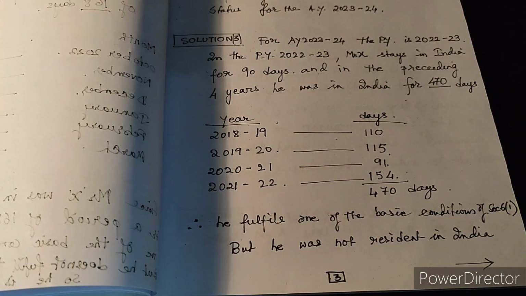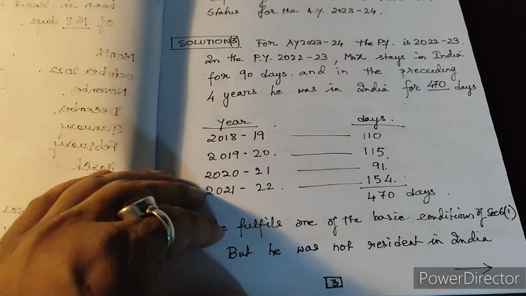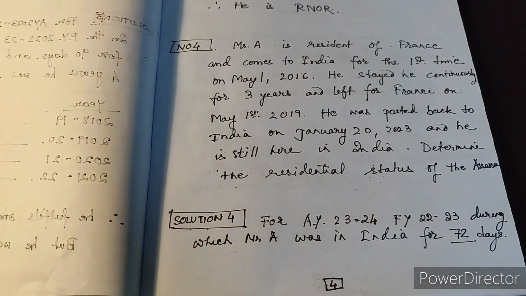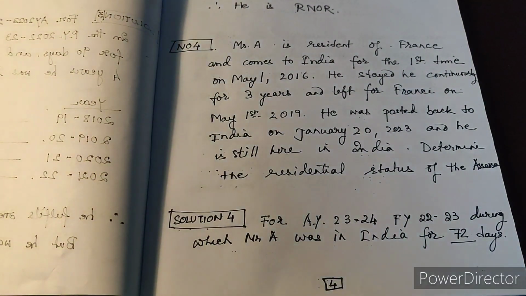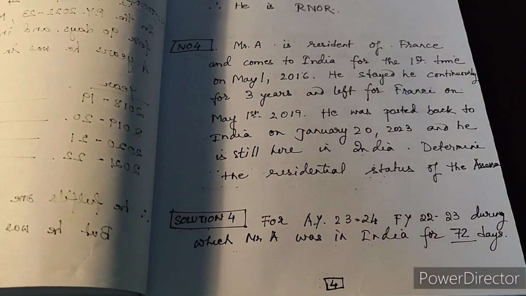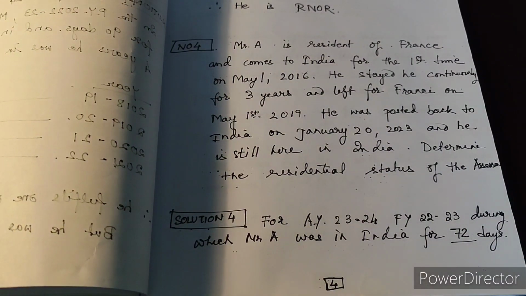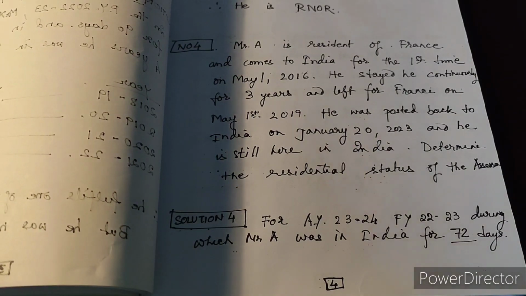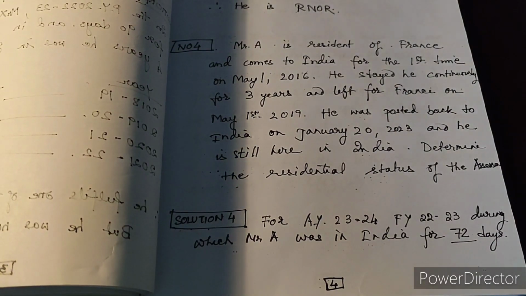But he was not resident in India in the last 2 out of the 10 previous years preceding the previous year 2023. He was not present in India for 730 days or more during the 7 preceding years prior to the previous year 22-23. So he fails to satisfy both the additional conditions of section 6.6.